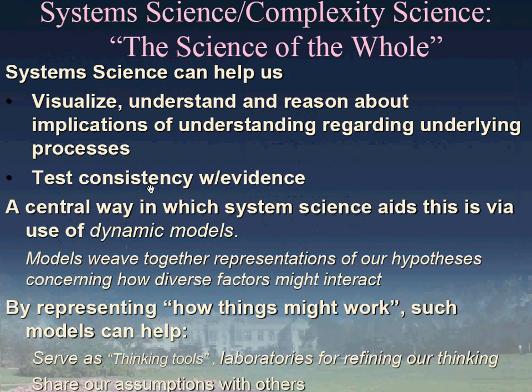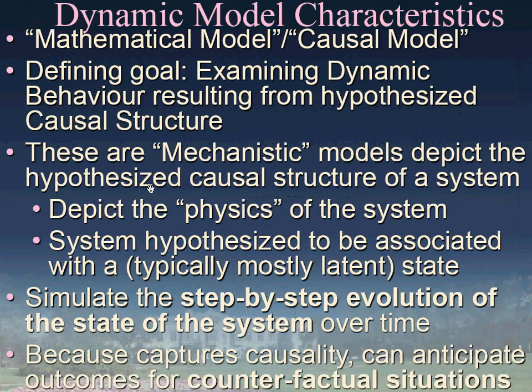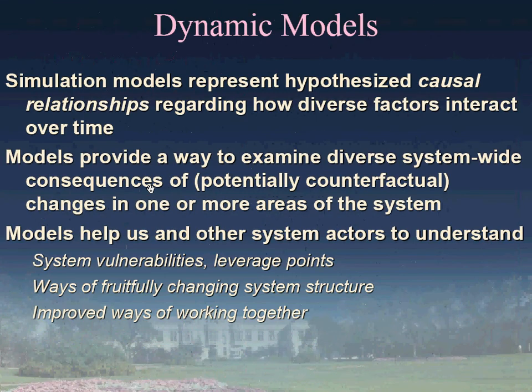Okay. So I've talked about these simulation models for representing hypothesized causal relationships involving how diverse factors relate to each other. And I've said they provide a way of examining system-wide consequences of changes in one or more areas of the system in light of these hypotheses.